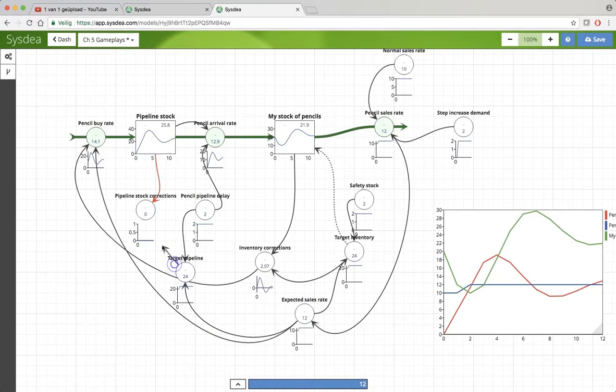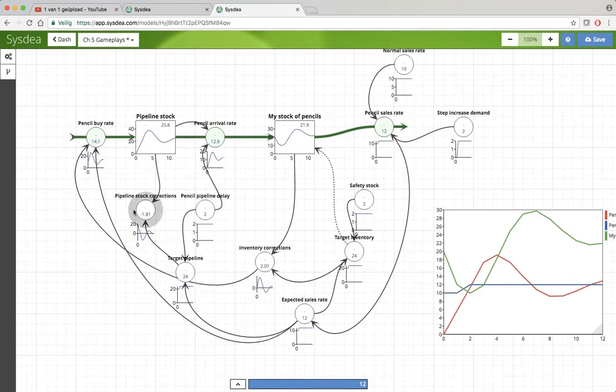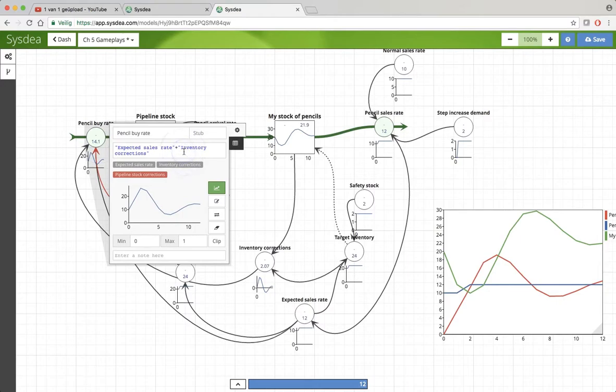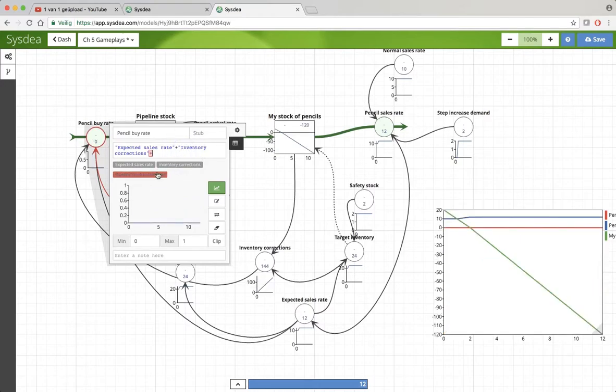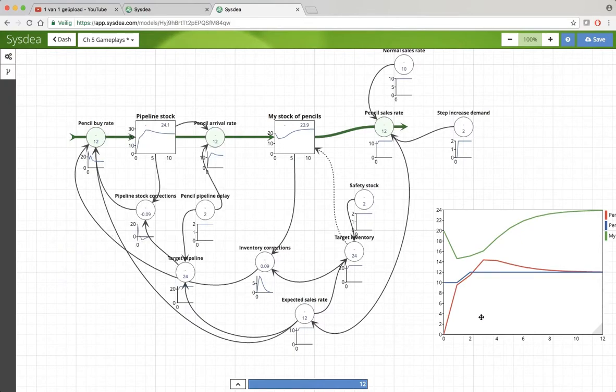The pipeline stock corrections then become the target pipeline minus the current pipeline, and this then goes into the pencil buy rate. Look how very interesting our behavior is becoming. It will become less volatile if we put this up, but nevertheless still very interesting.